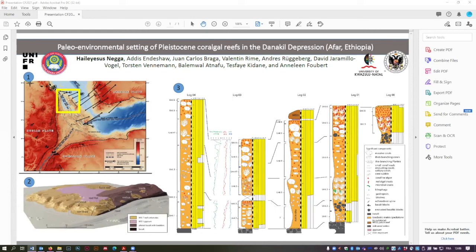This study aims to characterize and understand the paleoenvironmental and sedimentological setting in the marginal Danakil Sea during the growth, build-up, and demise of MIS 7 coral reef units. This allows direct comparison of the coral reefs to their counterparts exposed along the Red Sea margins.